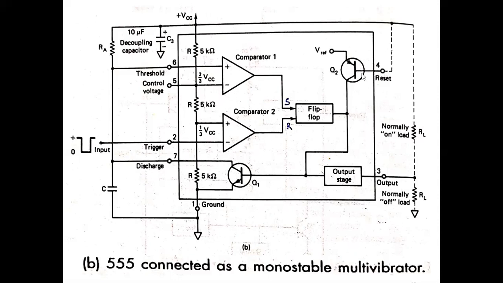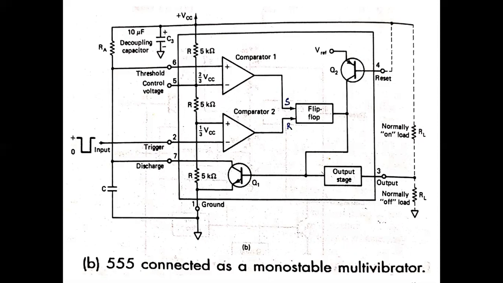For Q2, a reset is applied at the base. This is the internal diagram of the 555 timer connected as a monostable multivibrator.